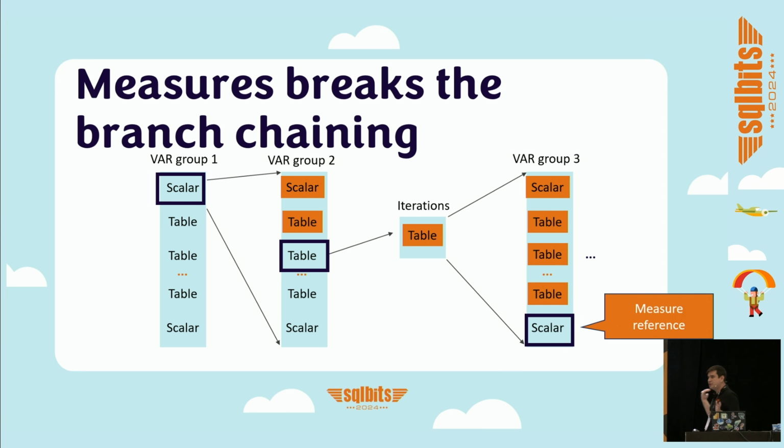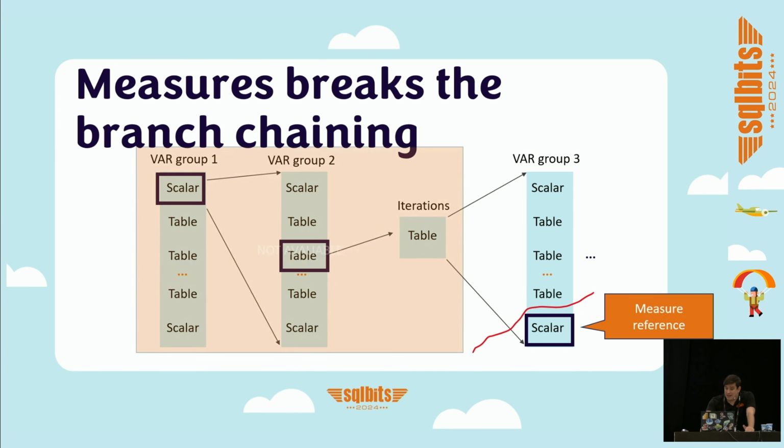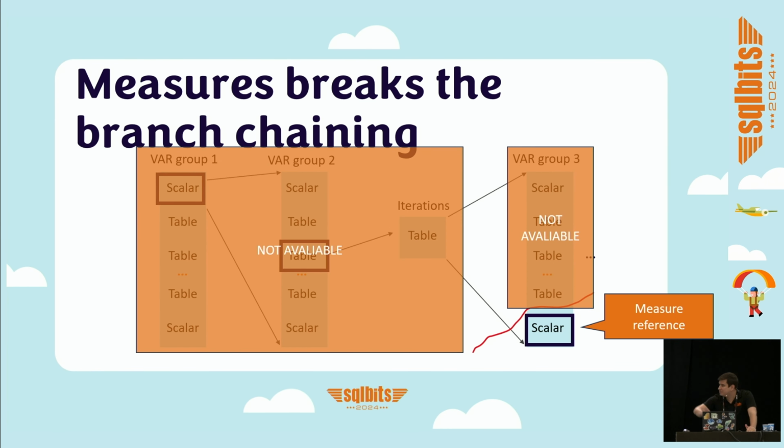As I've shown you in this last example, whenever I have a measure reference, it's like, okay, forget all of the past branches of our groups, of the previous var groups. In this example, var group 1, 2, and even 3. So every other variable, you cannot access within that code.